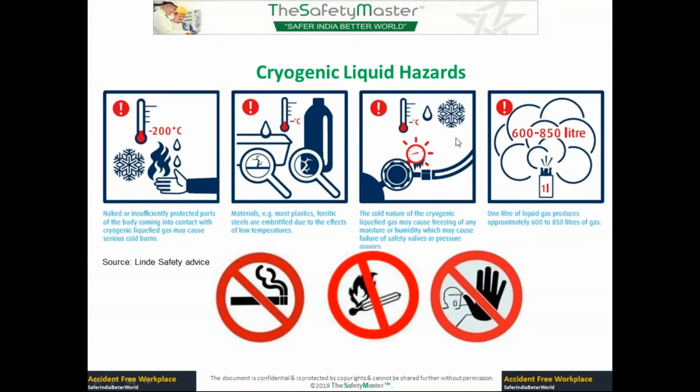This one is for the cold nature of the cryogenic liquefied gas. And this is the ratio: I just told you that 1 liter of liquid gas can produce approximately 600 to 850 liters of gas. And then there should be no smoking, no visible ignition source, and no entry. So these symbols have to be placed whenever you're dealing with cryogenic liquids.